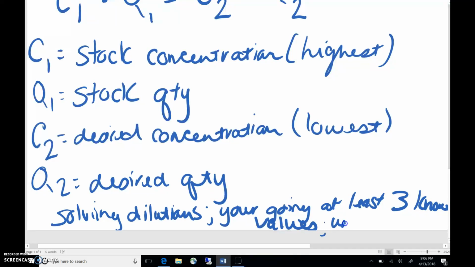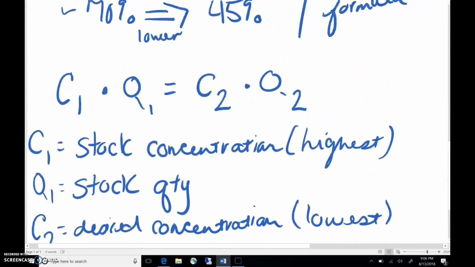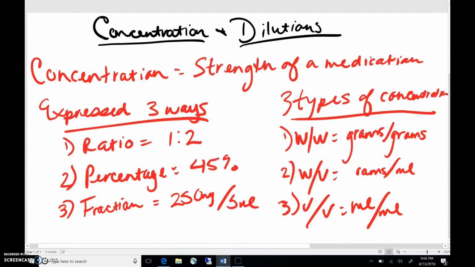Your unknown value will be an X. So I know you guys are thinking, well, Miss K, how in the world am I going to solve a problem like that? What does a dilution problem look like? Well, let's go ahead and let's try to solve a problem based off of what I've told you so far.